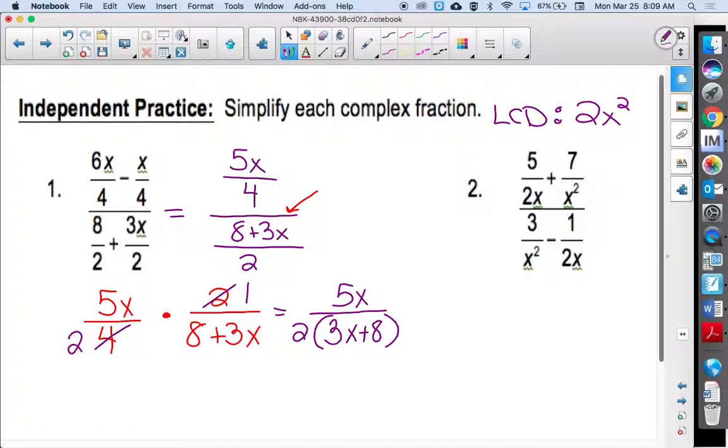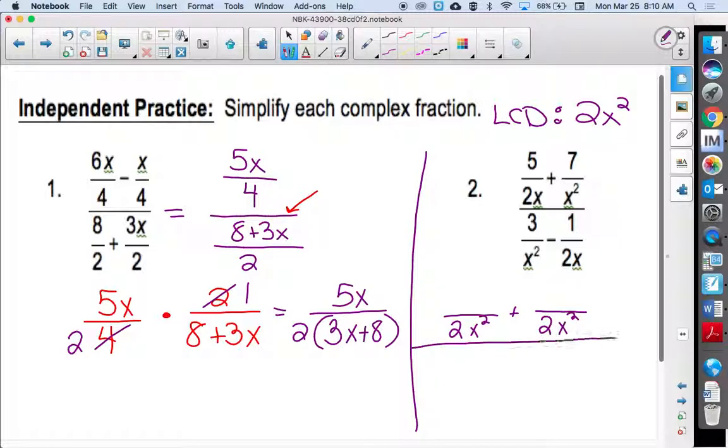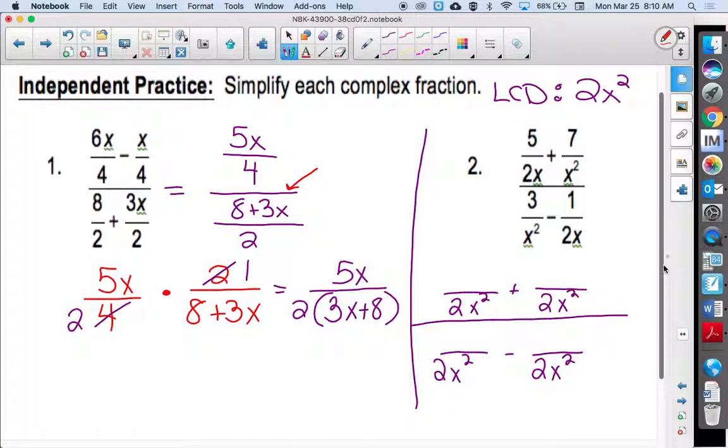So we're going to make all of the denominators have that 2x squared in it. So the first one has a 2x, but it needs another x, so that becomes a 5x.